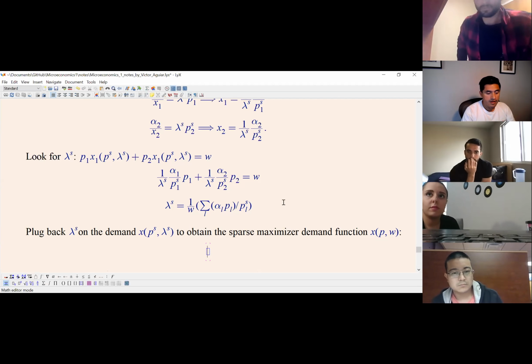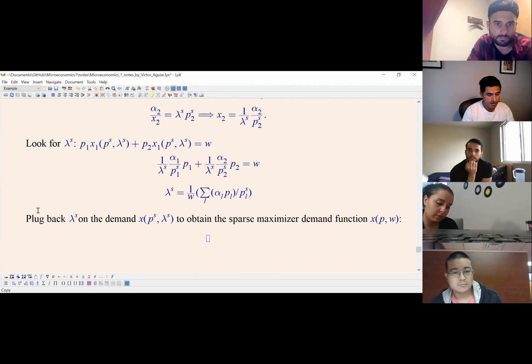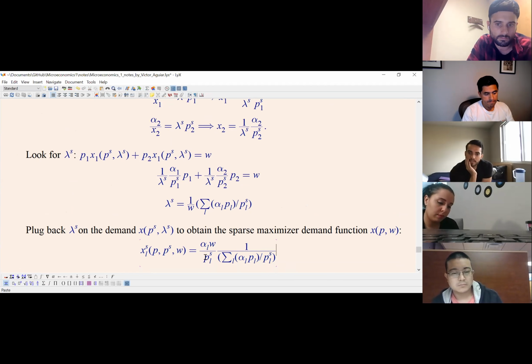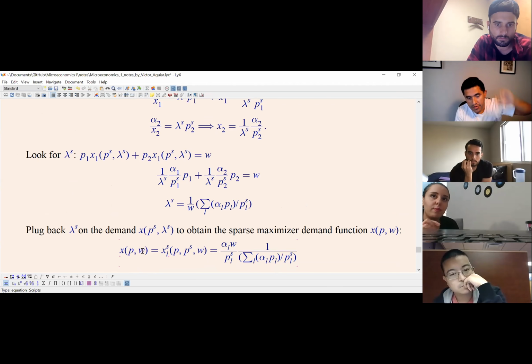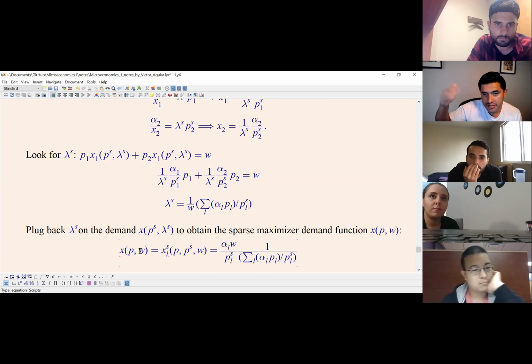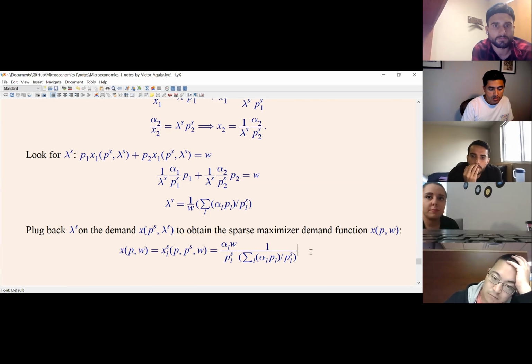So I plug back in, and then of course the result is what I wrote before, so I'm not going to do it again. Okay. So both things are equivalent because remember, PS right now is a constant, a parameter. So you can kind of eliminate it. It's like conditioning the Cobb-Douglas on the alpha, right? Usually we don't do it. So as well here, it can be a function of the variables P and W, while PS is something fixed. So everyone now gets how the sparse max works.